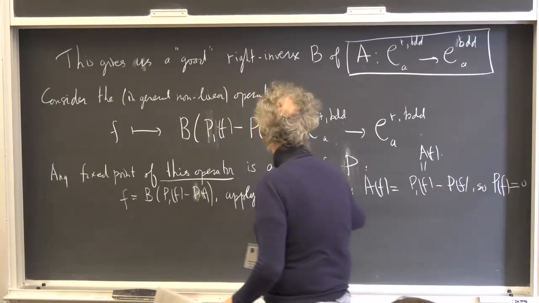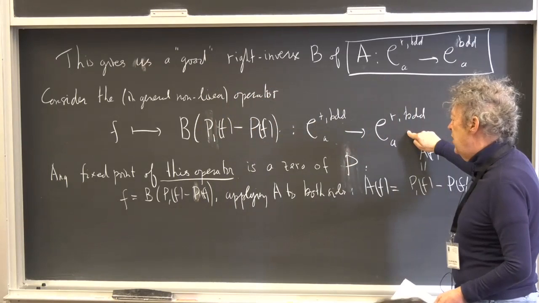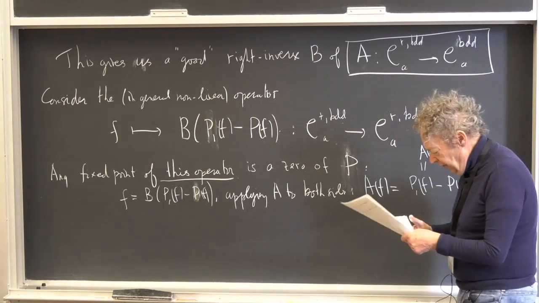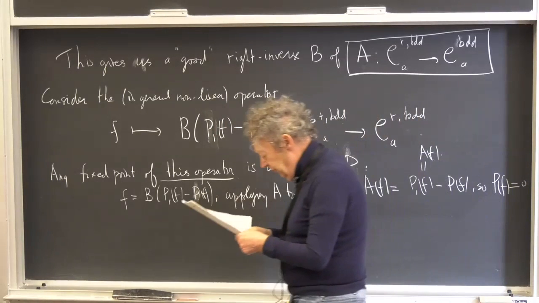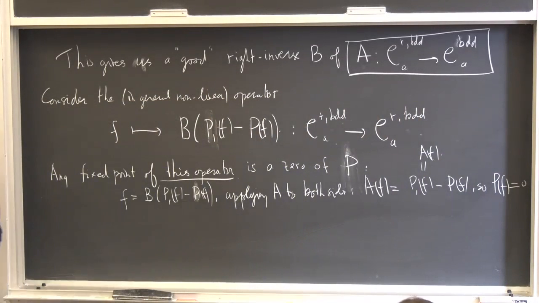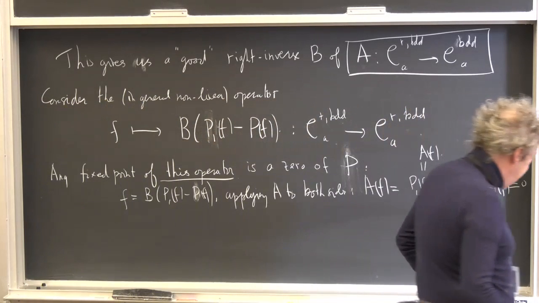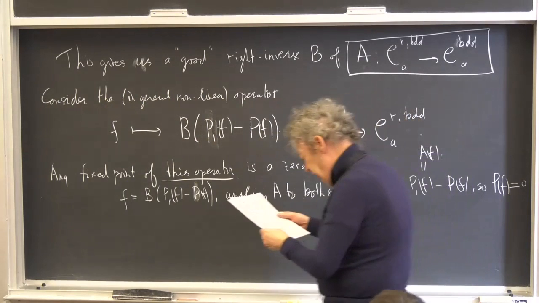And now the thing is, since we are dealing with an operator on a Banach space to itself, there is this very useful fact that if you have a contractive map on a Banach space, or on some closed ball in a Banach space, it must have a unique fixed point, right?